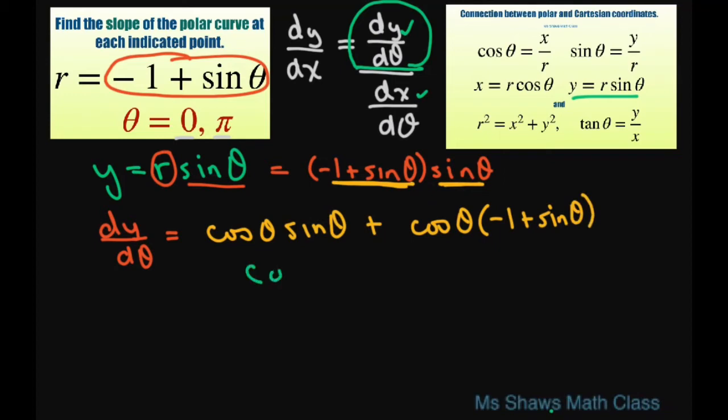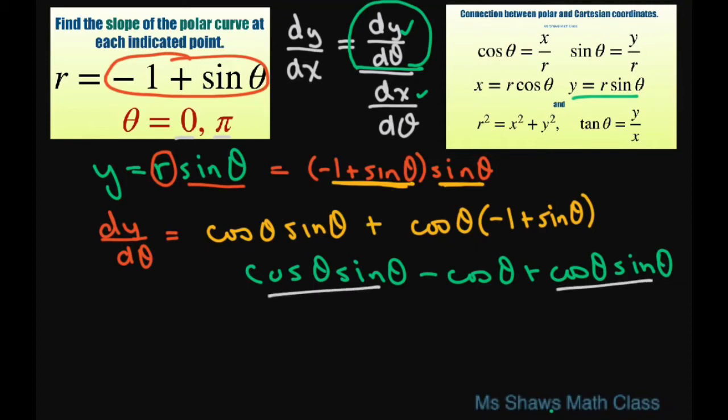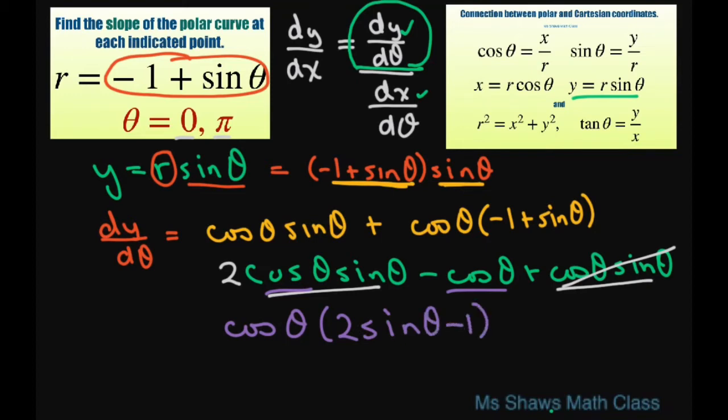We get cosine of theta sine of theta minus cosine of theta plus cosine of theta sine of theta. Since we have two of these, I'm just going to put a 2 here. And now I'm going to factor out a cosine. So we're going to have cosine of theta times 2 sine of theta minus 1.